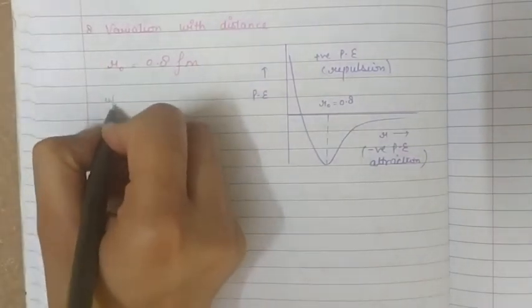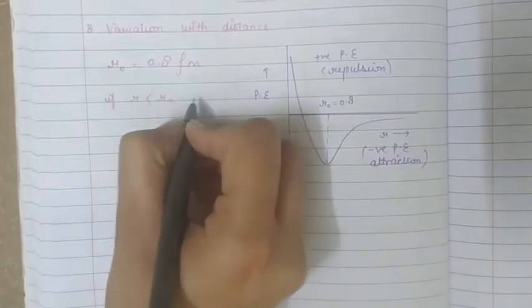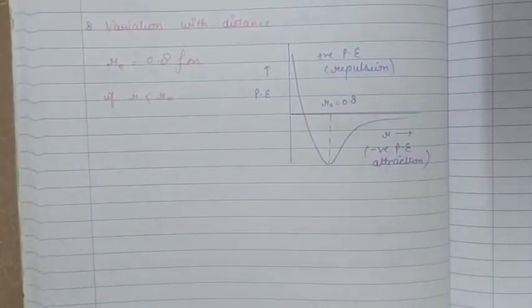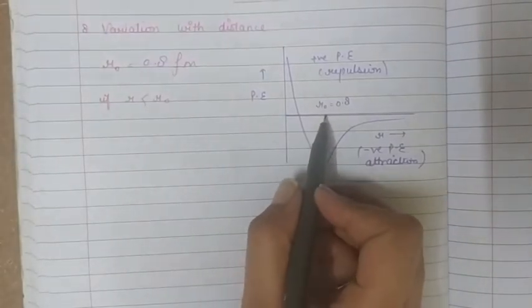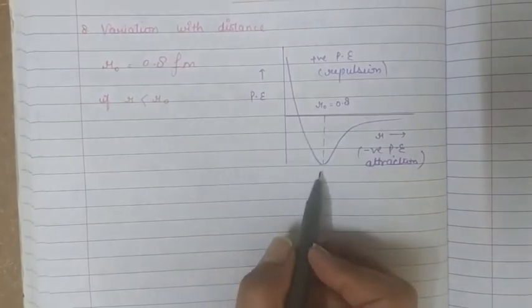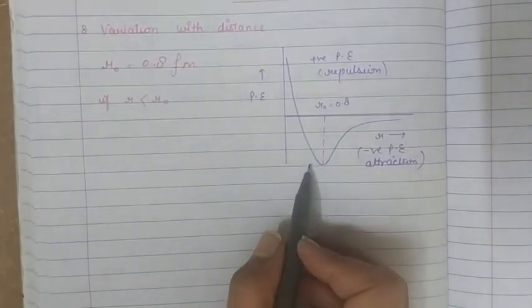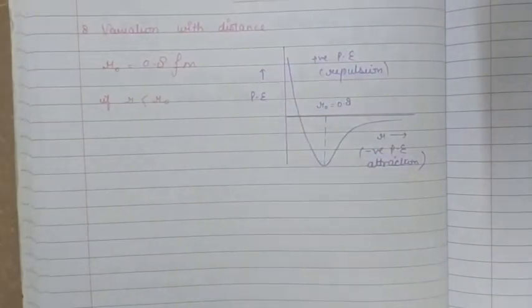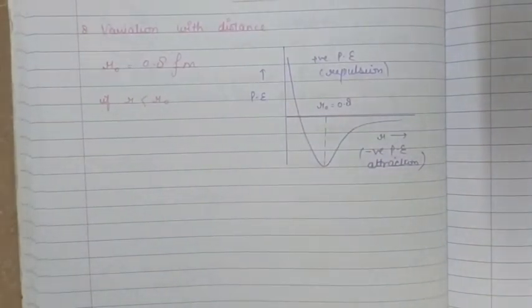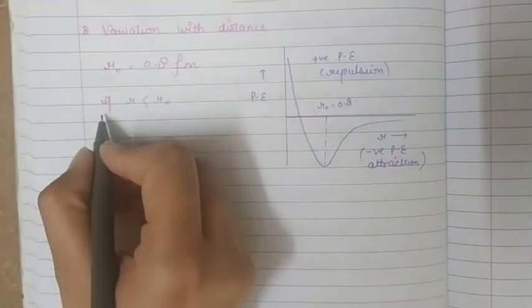So if r is less than r naught, that is 0.8 Fermi, the potential energy increases rapidly with decreasing r. If we see the points that are less than r naught, in this case the potential energy increases rapidly, and it shows strong repulsive forces.